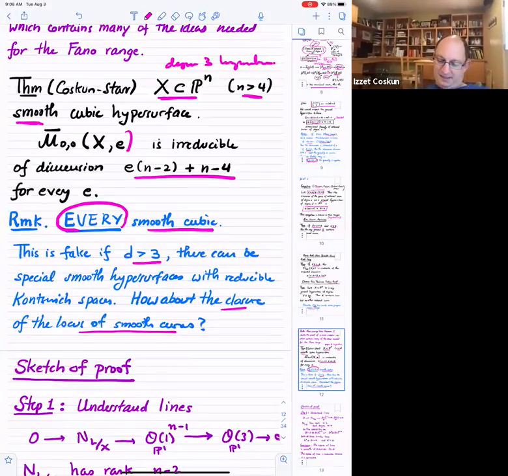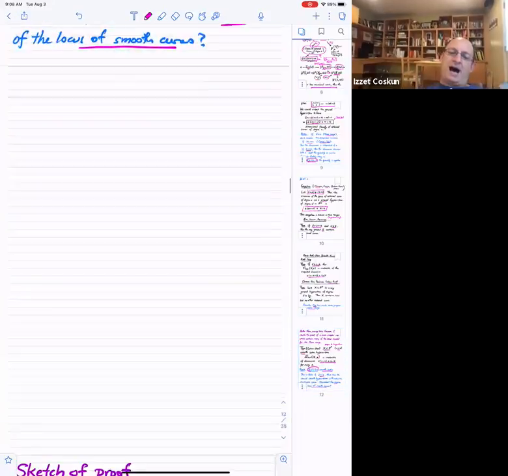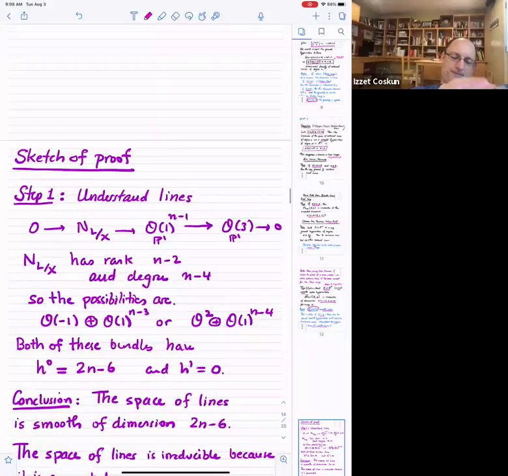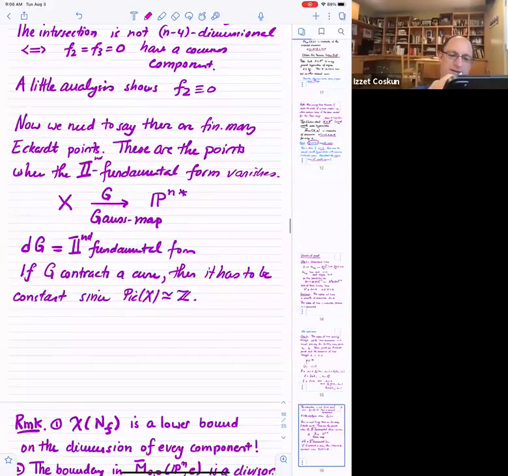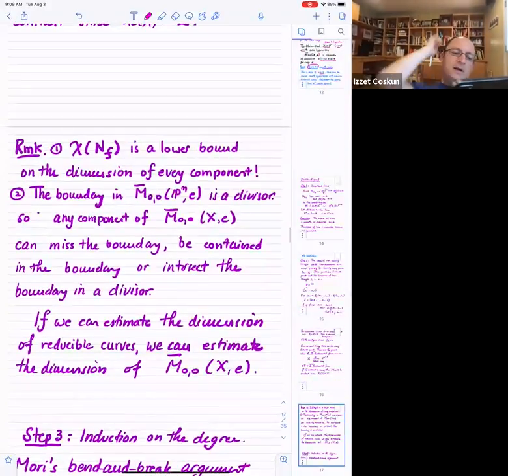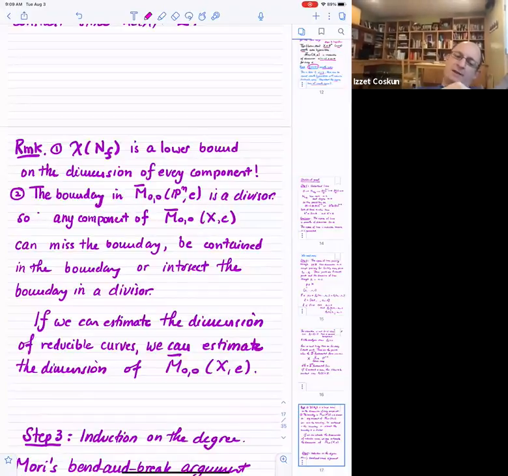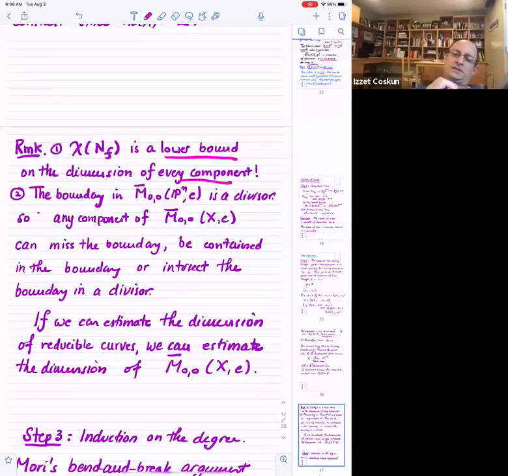Okay, so the idea is this. There are 2 points to make. So let's start with the points to make. The first point is that we have a lower bound on every component, right?